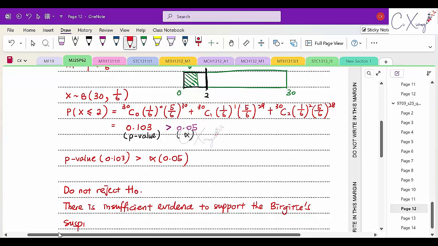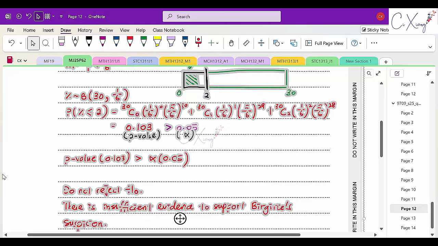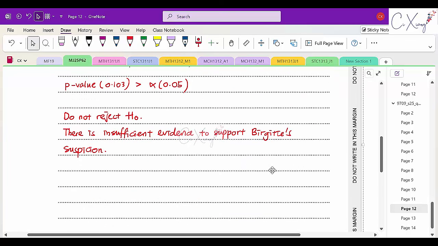So this is generally the conclusion for the test that we carry out here. All right, then let's continue to part B.